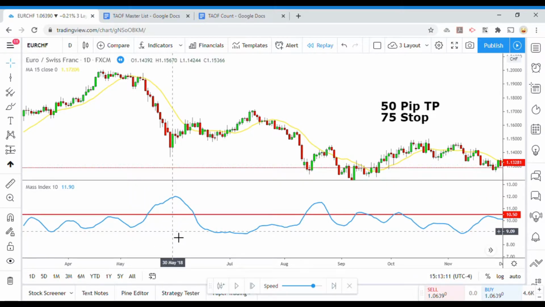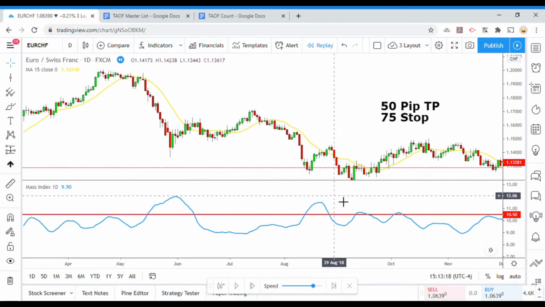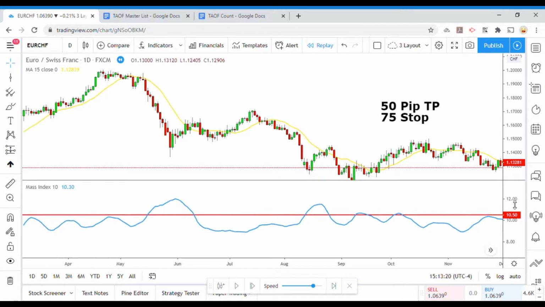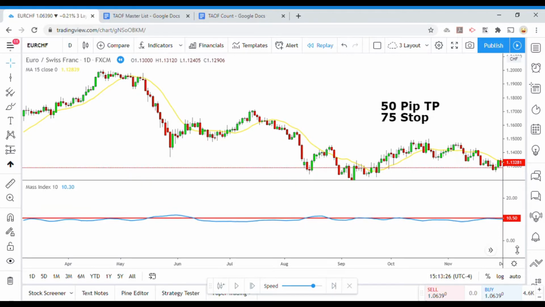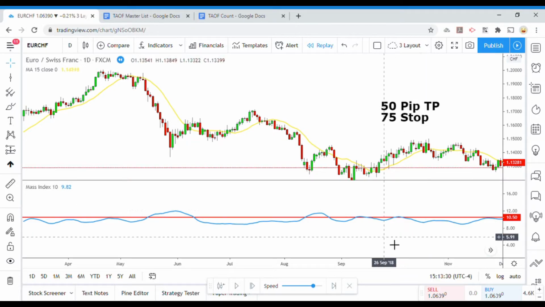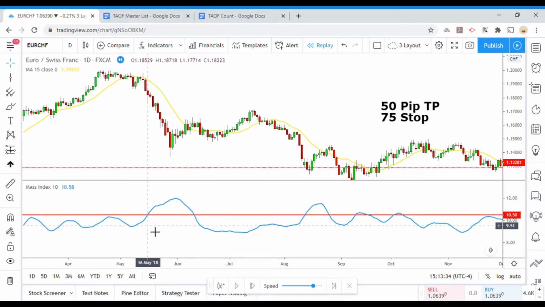In most of the examples of the mass index, they refer to the 27 marker. And so over here off to the side, we have these numbers. And they refer to marking off the number 27 spot off to the side to create a line.